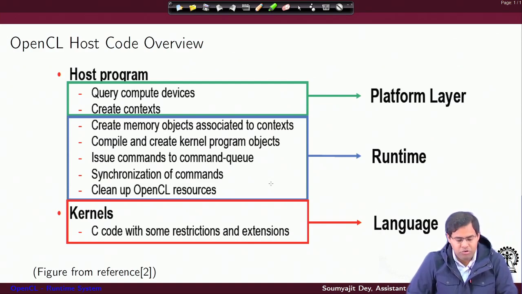Then you create data objects associated to the different contexts, and then you create kernel objects based on a kernel specification which is encoded inside a character array, and that is compiled to create the kernel objects. After all this, you have programs ready as objects, which will do the compute, and you have data segments set up as memory objects, containing the data on which the executables are going to compute.